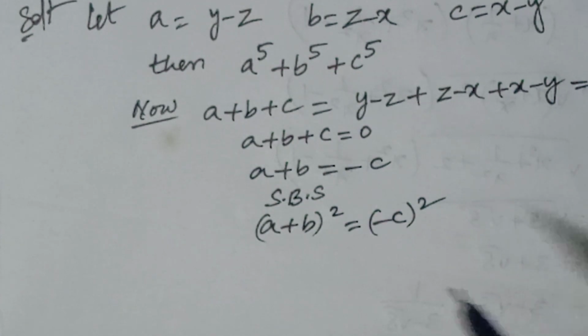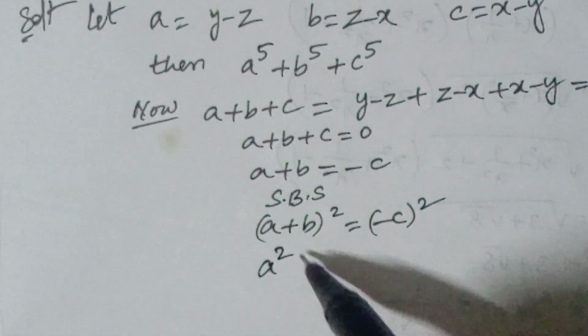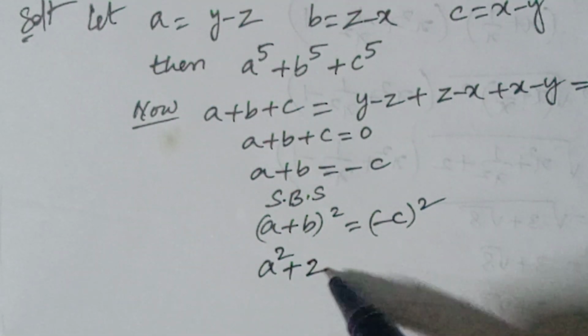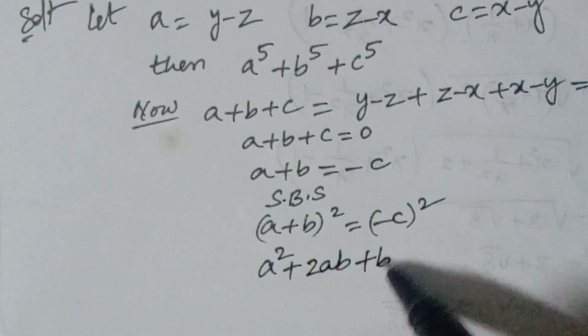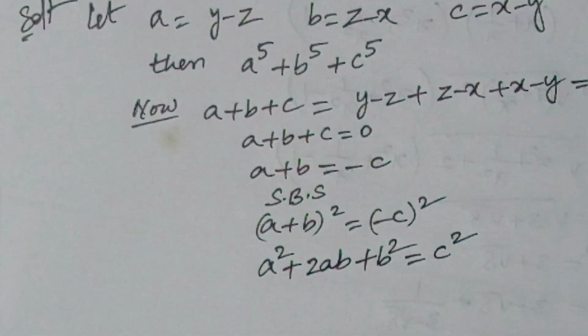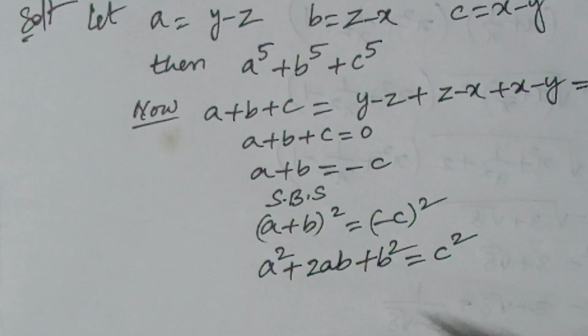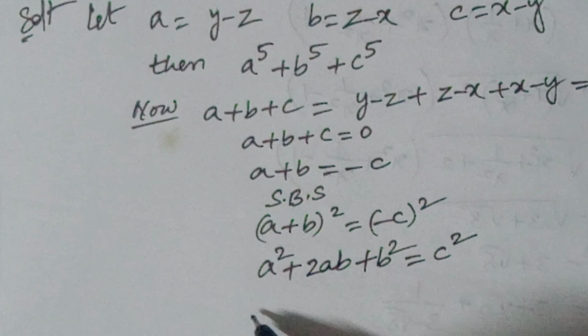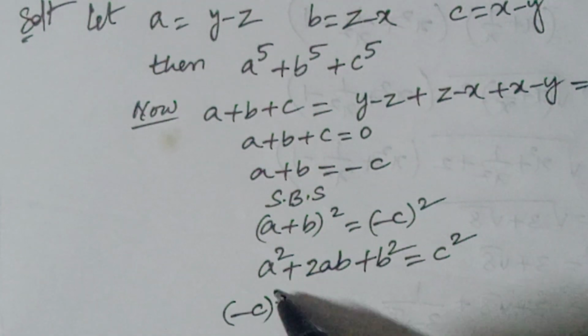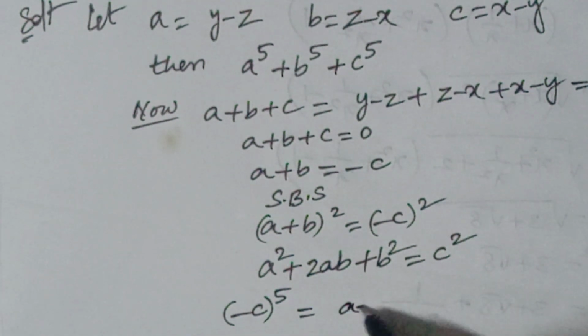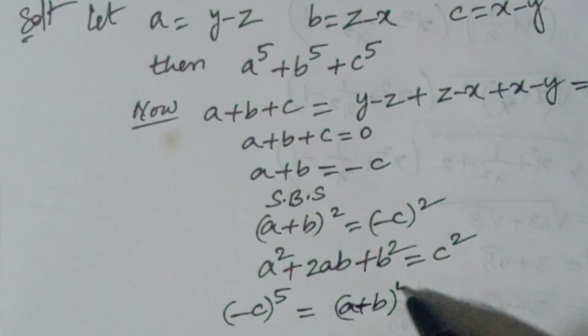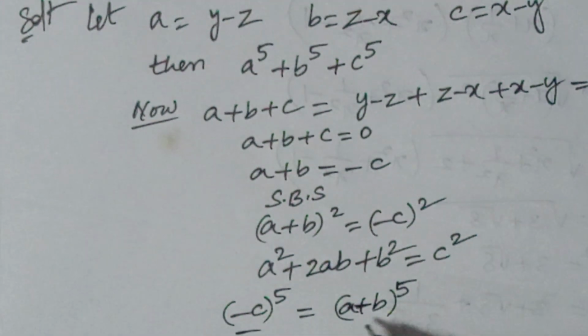So you can write it as a square plus 2ab plus b square is equal to c square. Now minus c to the power of 5 is equal to (a plus b) whole power 5, taking fifth power on both sides.